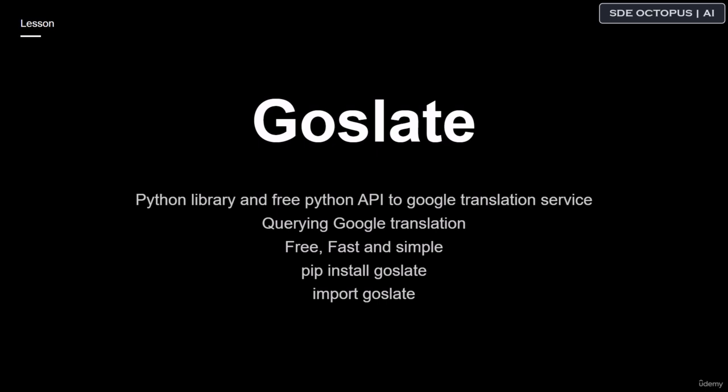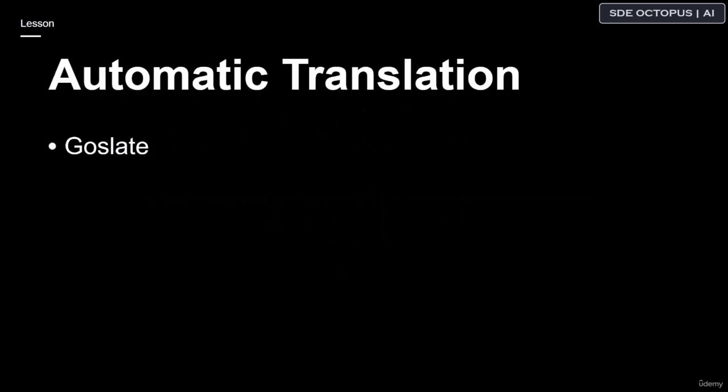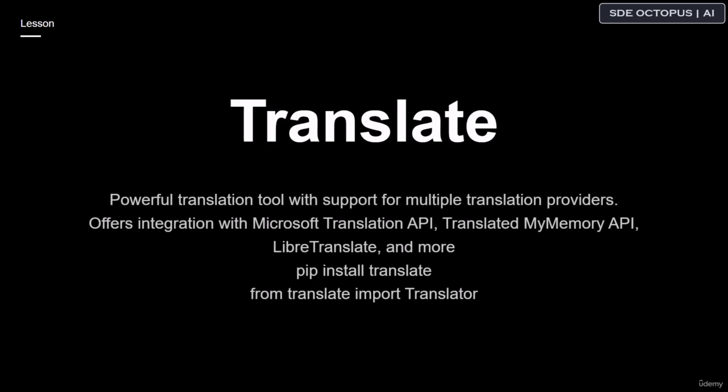And for the second program in this section, we are gonna use another library. That library is called Translate. So what is that library called Translate from Python libraries? The Translate library is a Python library, and you can use it as a powerful translation tool with support for multiple translation providers.